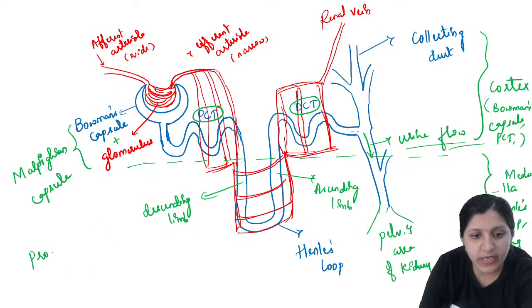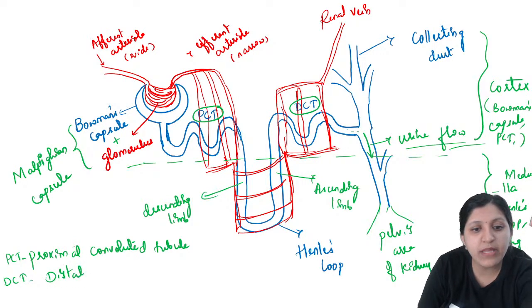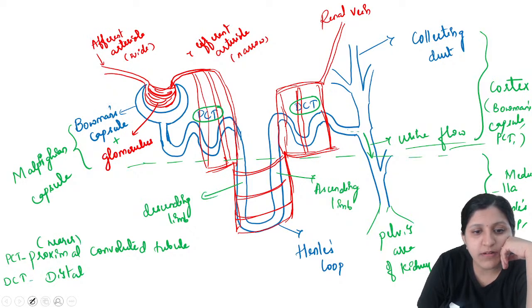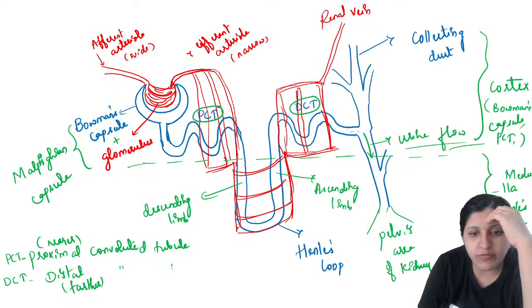This one is the proximal convoluted tubule, where convolutions will be there, and then there is the distal convoluted tubule. Proximal means nearer, and this is further, and further means far, so this is the distal convoluted tubule.